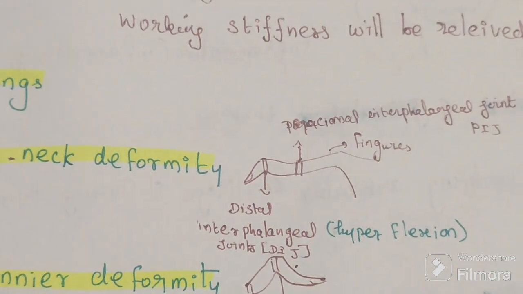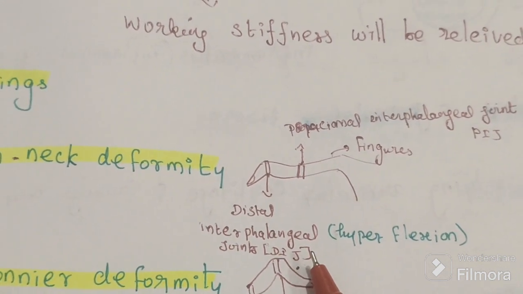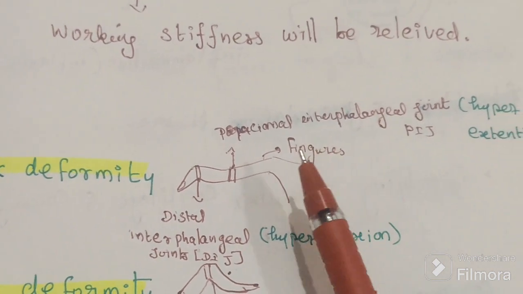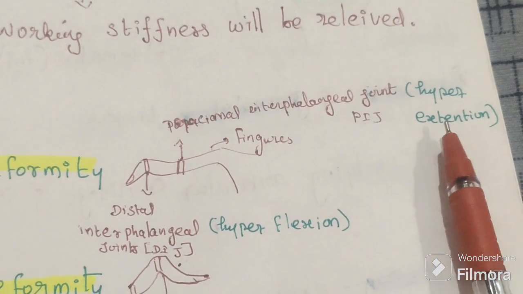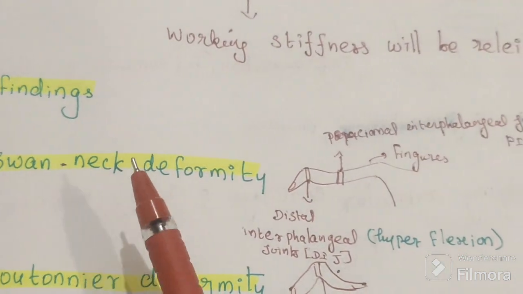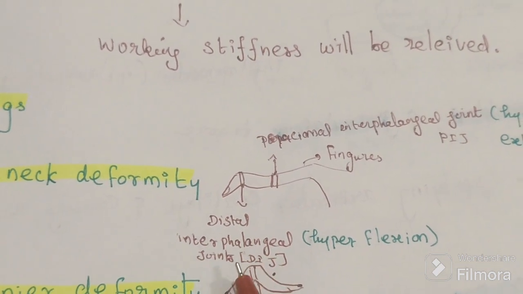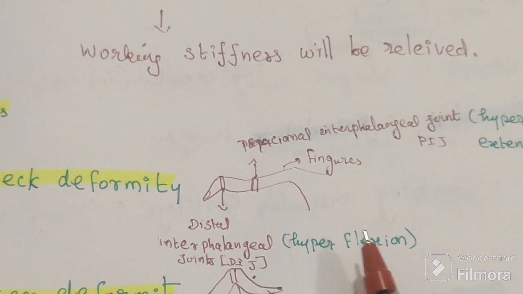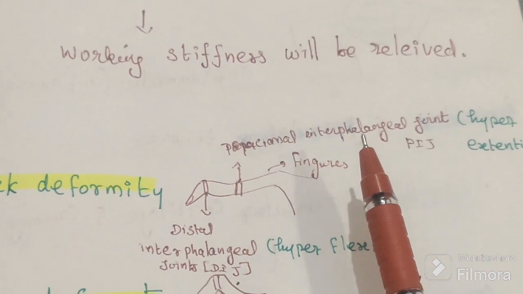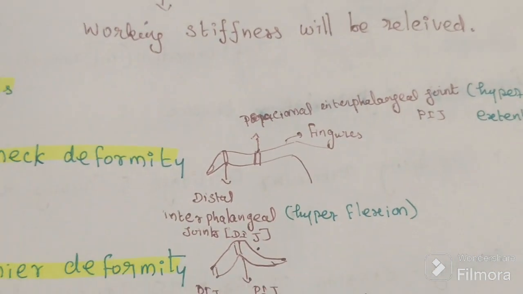In swan neck deformity, the distal interphalangeal joint has hyperflexion and the proximal interphalangeal joint has hyperextension.